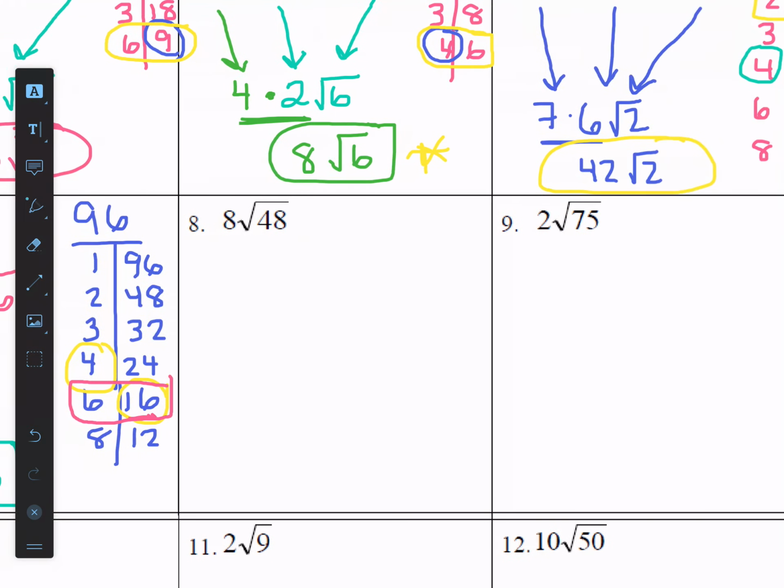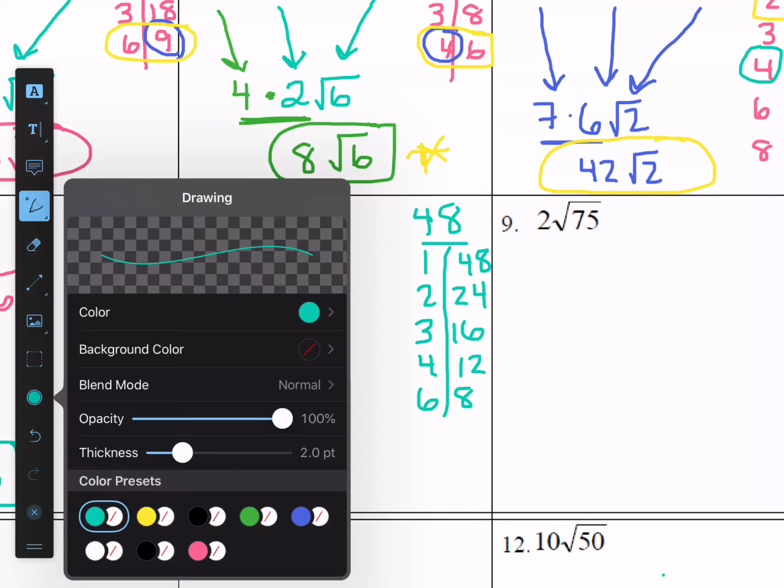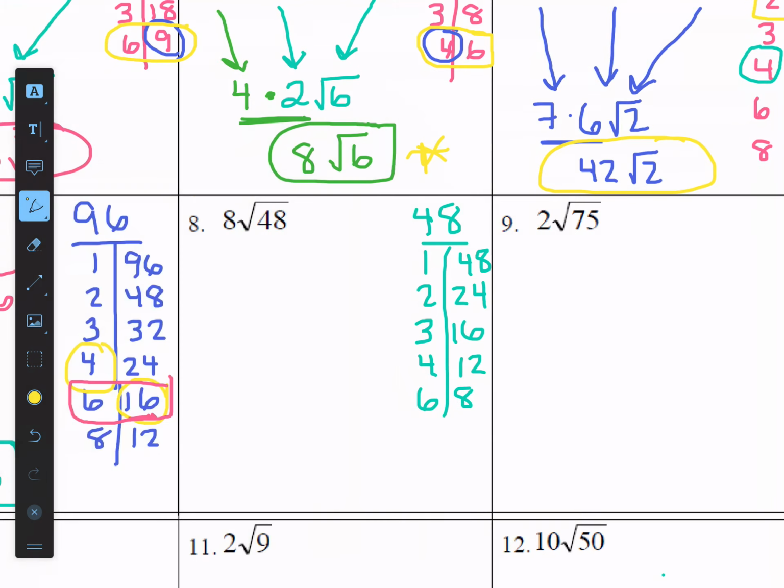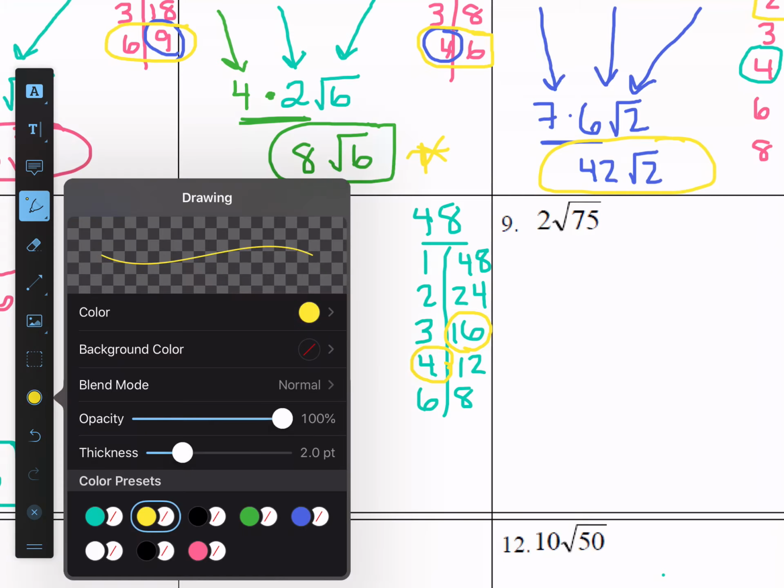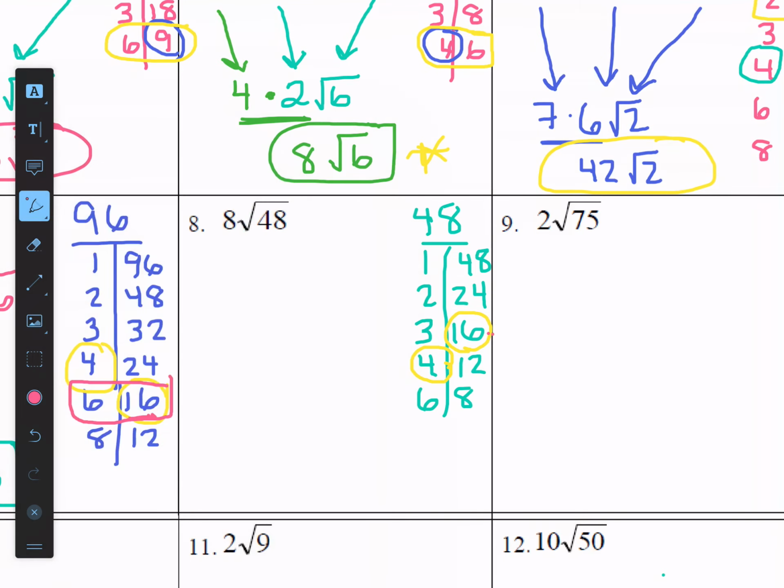Number 8. 8 radical 48. Okay. So let's list our factors of 48. So 1 and 48, 2 and 24, 3 and 16, 4 and 12, and 6 and 8. Okay, so in our list, our perfect squares are 16 and 4. And our largest perfect square then is 16.